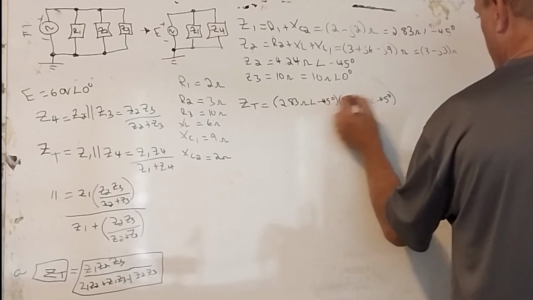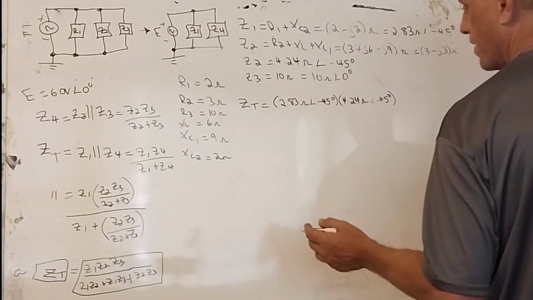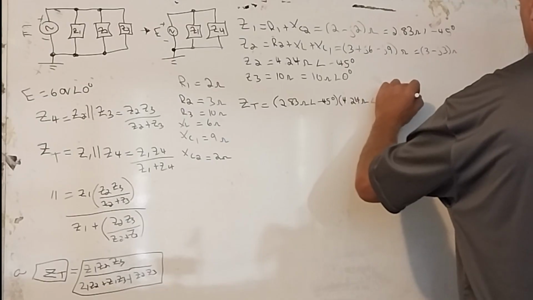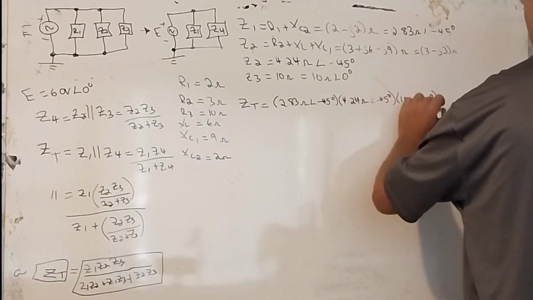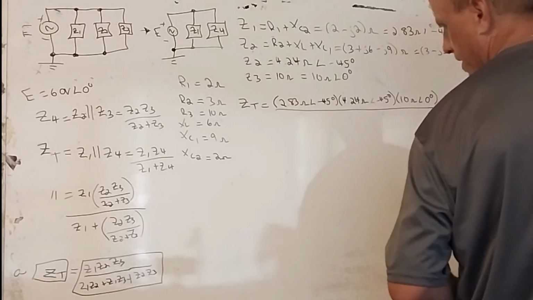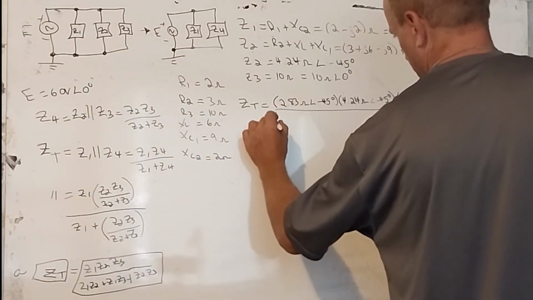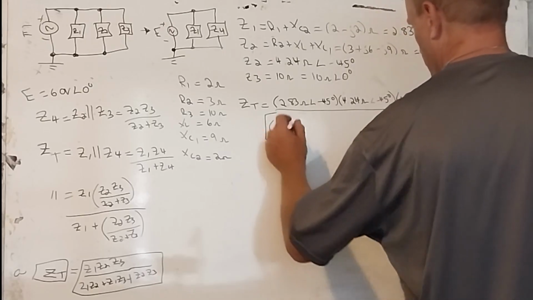When we add these two angles together, they become negative 90. But then we have Z sub 3, which is 10 ohms at an angle of 0 degrees. We're going to divide this whole expression by a denominator of something in these square brackets. And I'm going to put these in parentheses so we can see them easier.